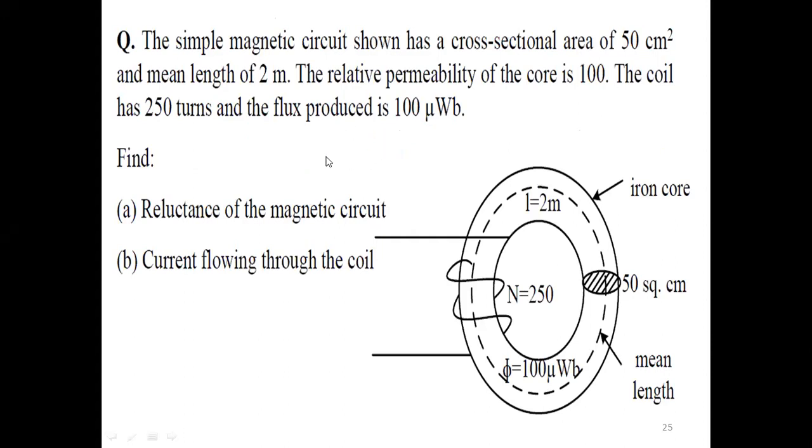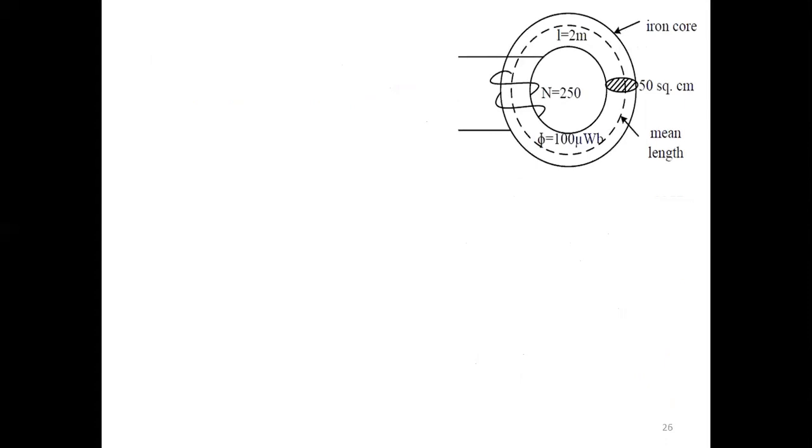Reluctance, you calculate. MMF equal to what? NI. Formula you know? Substitute NI in place of MMF. NI equal to flux into reluctance. Phi S. Phi is given. S is given. N is also given here. I equal to phi S by N. You'll get the answer.